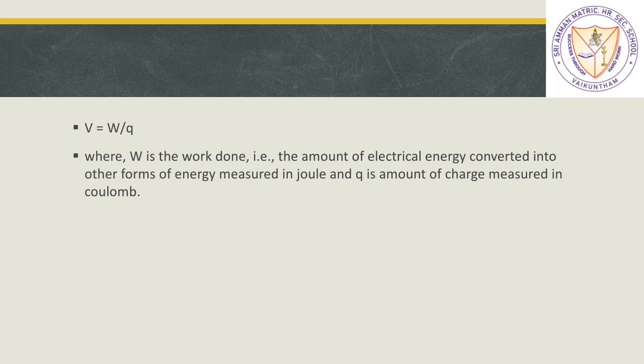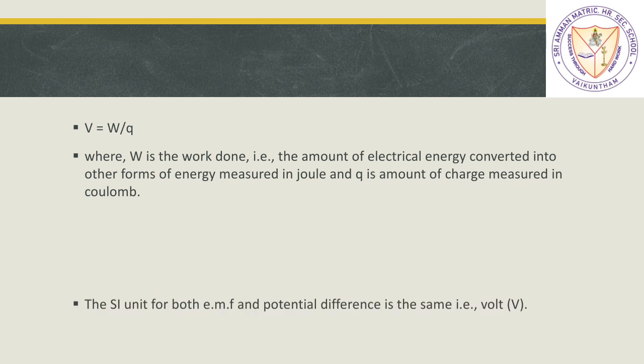So there is a bulb given to you, right? How much electrical energy is converted to other forms per unit charge, that is the volt, I mean the potential difference.